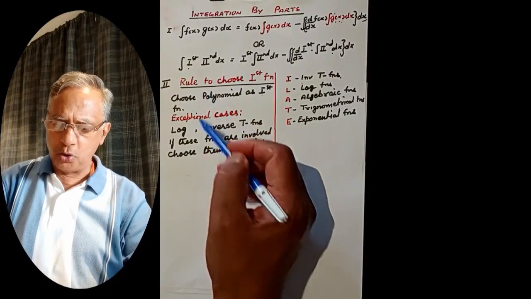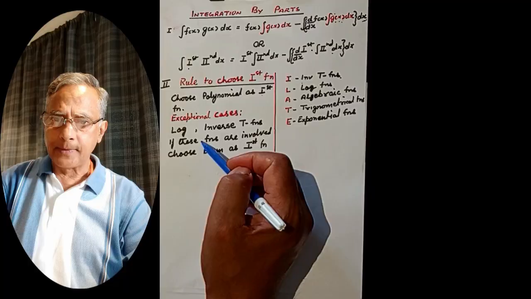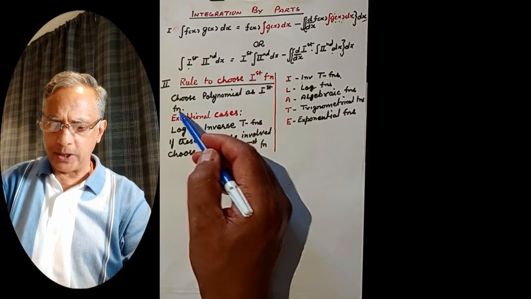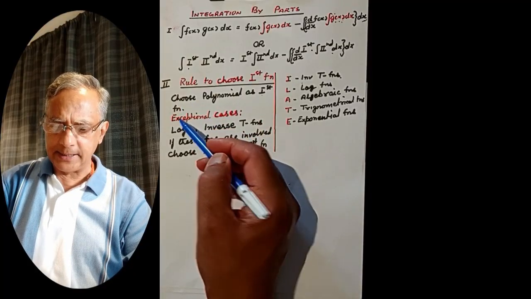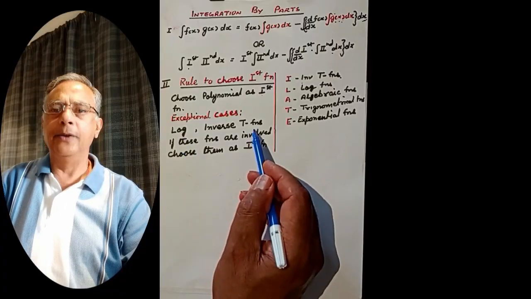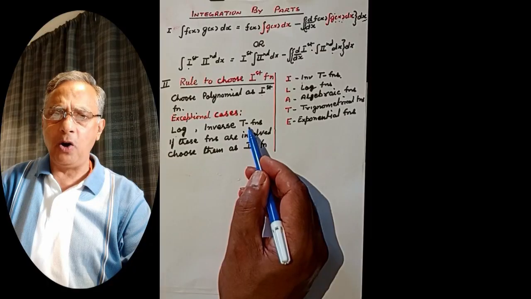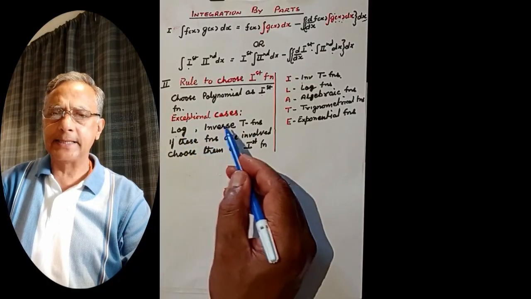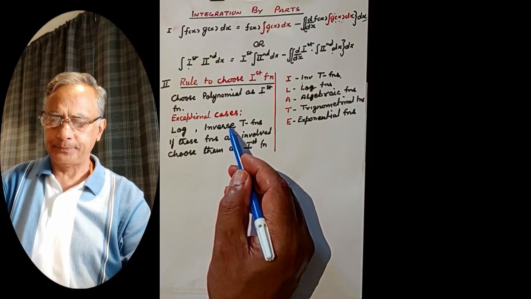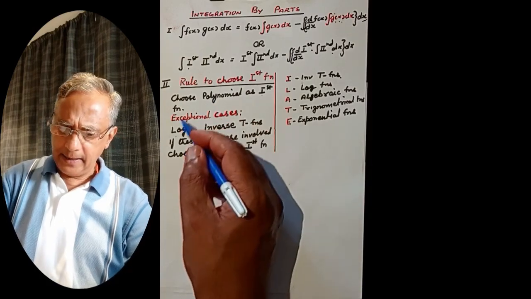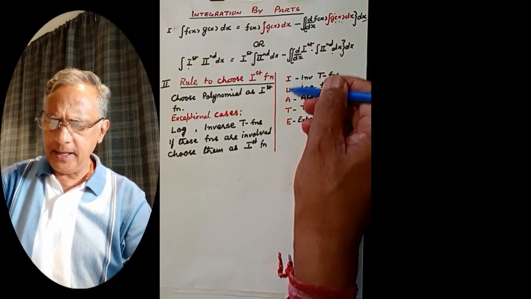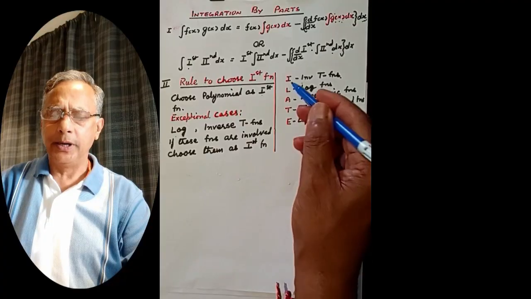So the rule to choose first function is choose polynomial as first function. Exceptional cases are log or inverse trigonometrical function. If log or inverse trigonometrical functions are involved, we will choose these functions as first functions. Or you can remember this in this form also: ILATE.